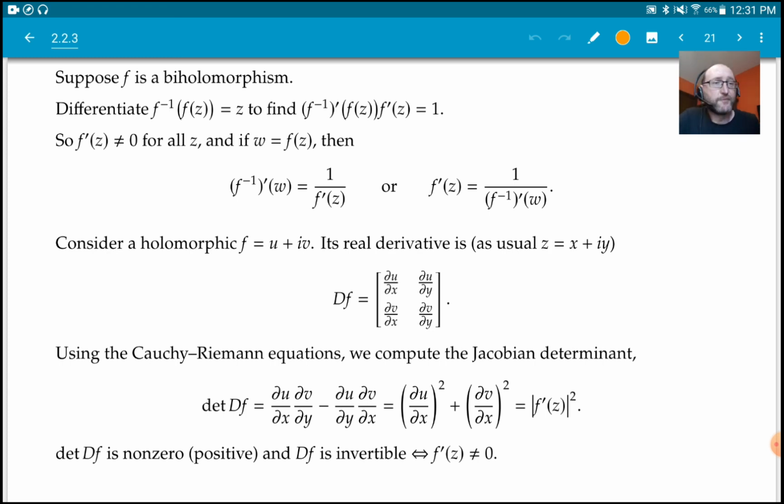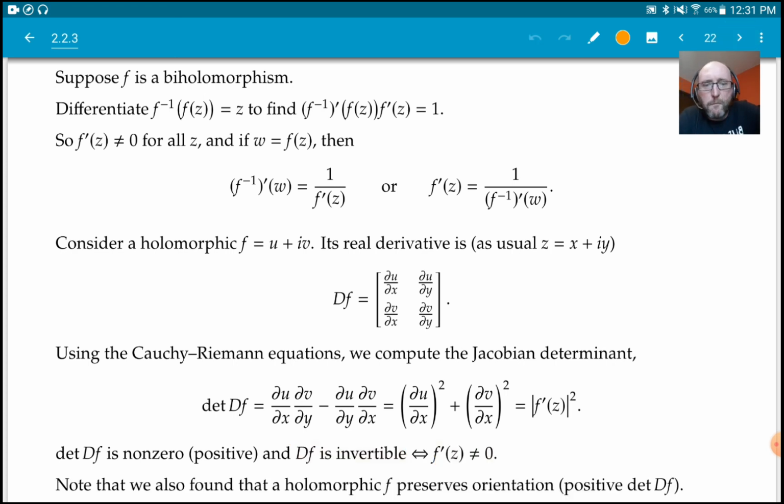right? In particular, what it means, and there's other ways of thinking about why this is true, but df is invertible if and only if f prime is non-zero, right? By the way, something that we've also proved, just a remark, we've now proved that holomorphic functions preserve orientation.